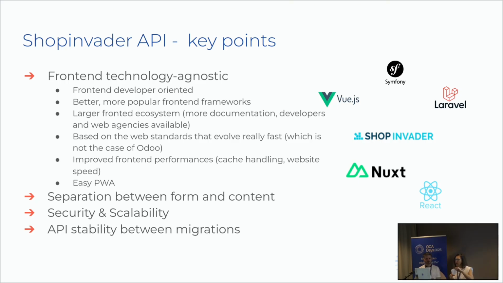Also, the form is completely separated from the content, which is for now the big problem of the Odoo website, where the form and the content are together. There is also a security key point and a scalability key point, of course, because your ERP is not directly attacked, it's not directly available from the website, so there are fewer potential security problems. And the API is stable between migrations.